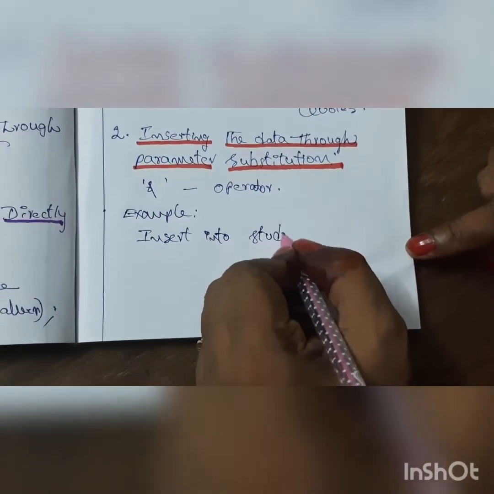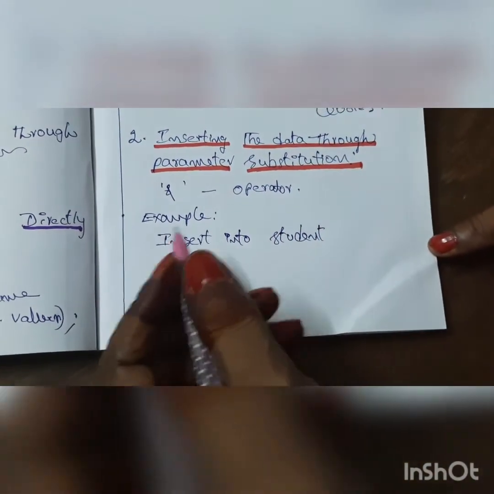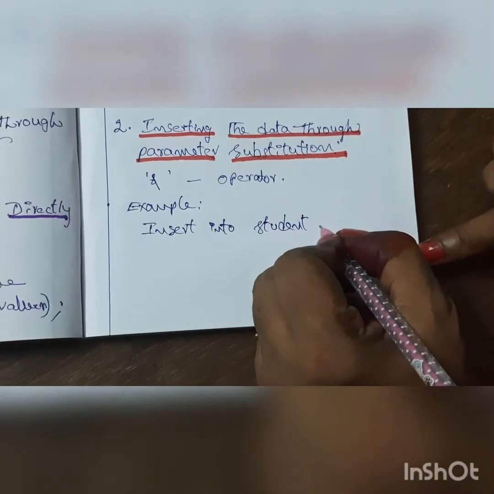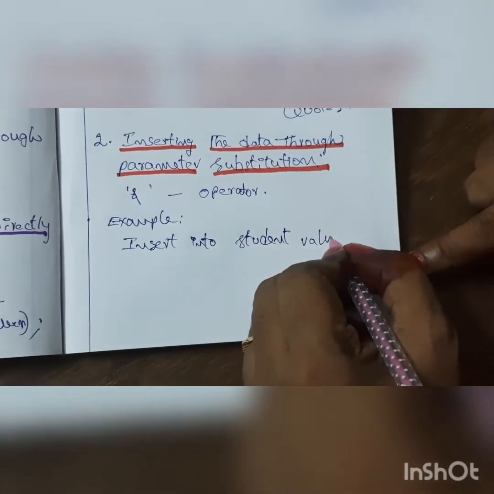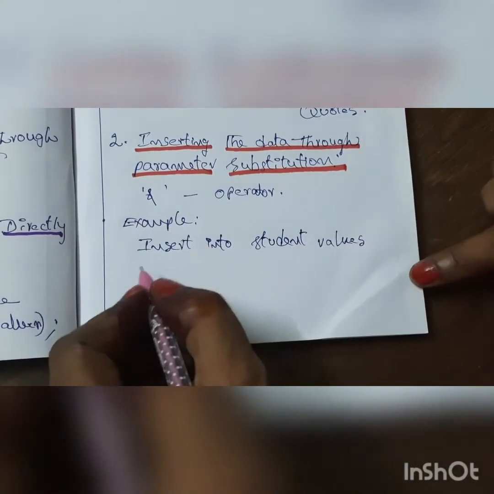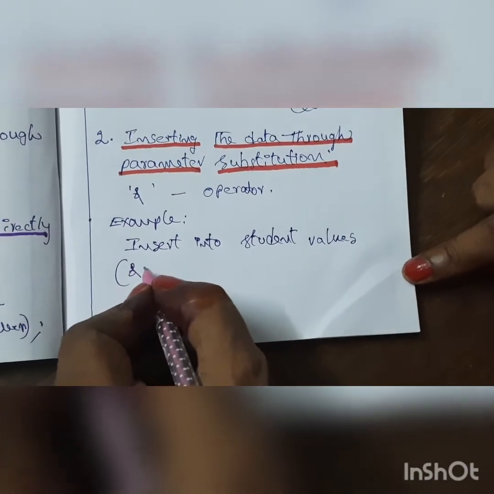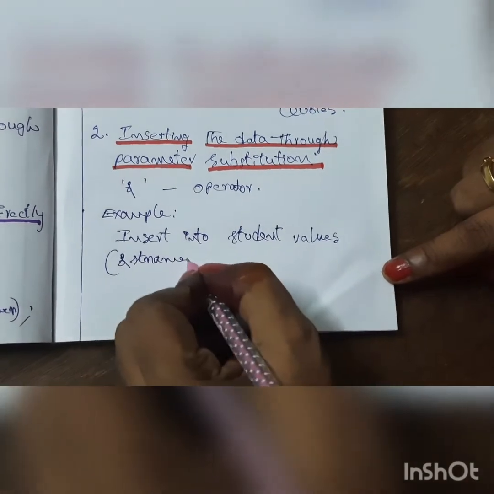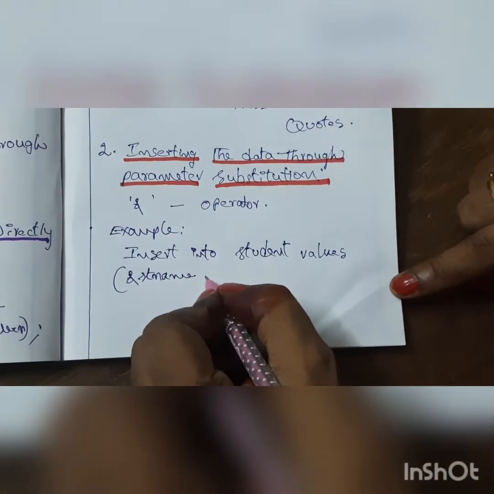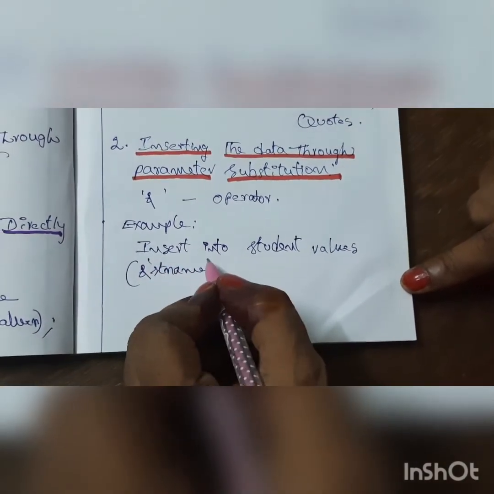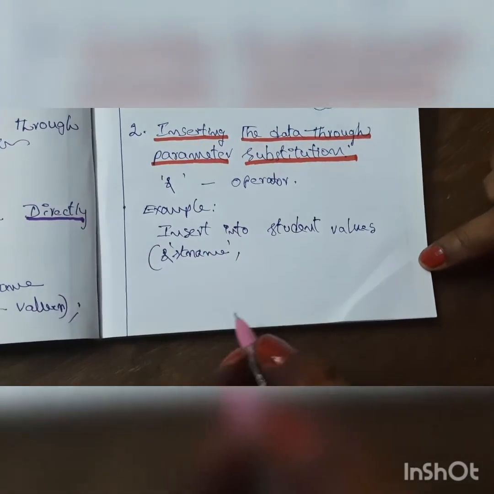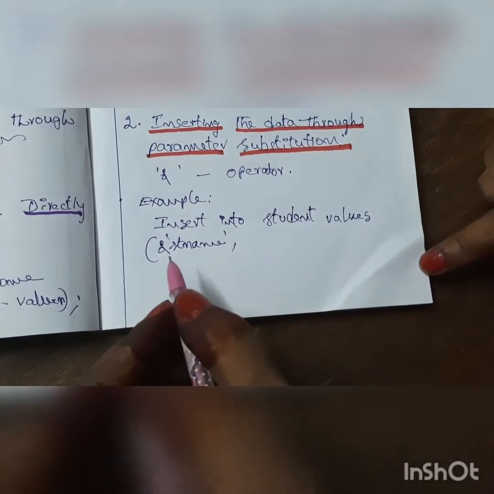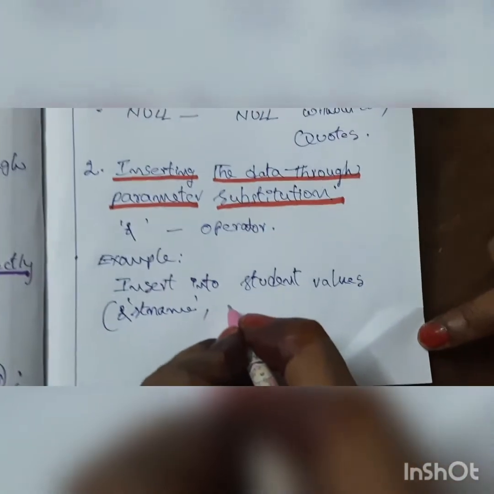Insert into student, values, ampersand student name, comma. Student name is character data, so we must enclose it with single quotes. Next, student number.